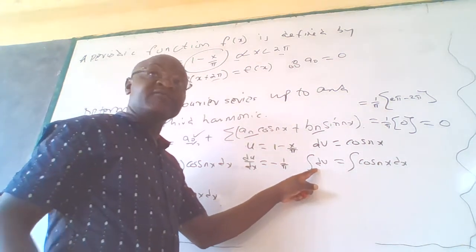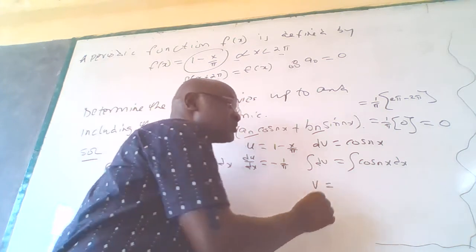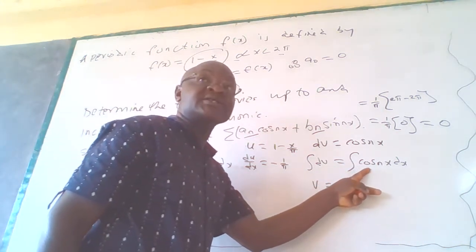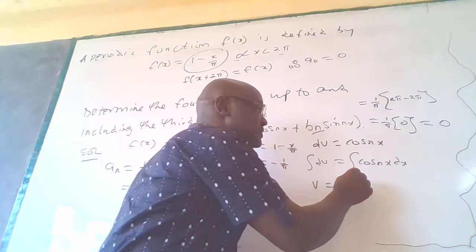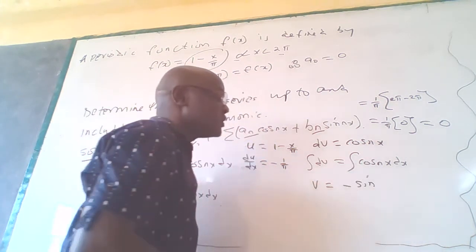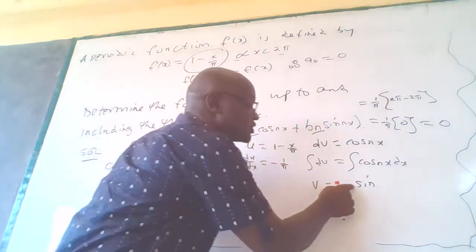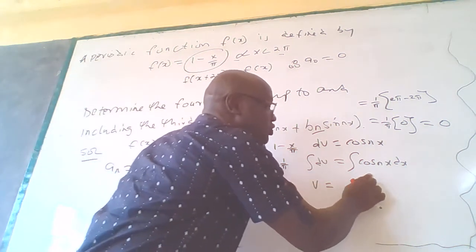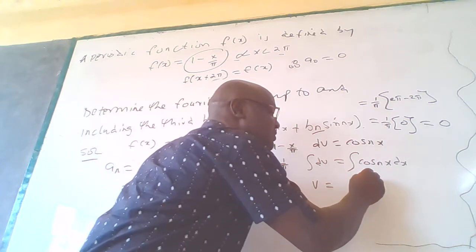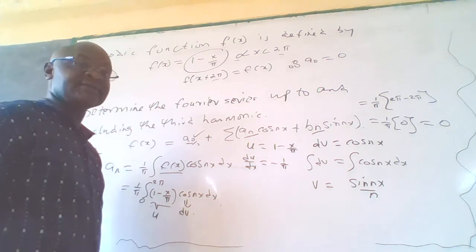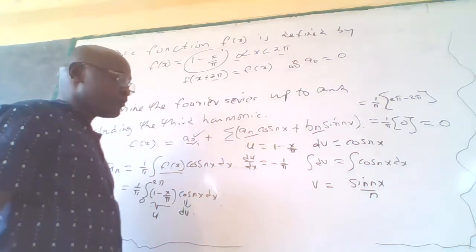When you integrate dv, you get v. When you integrate cos nx, you get positive sine nx all over n. So this is the value of v.